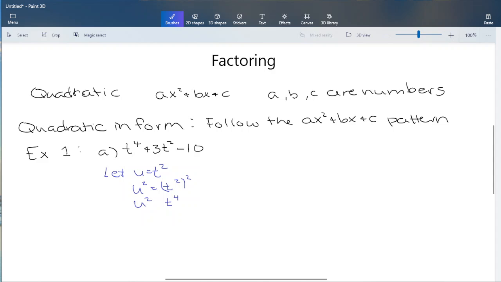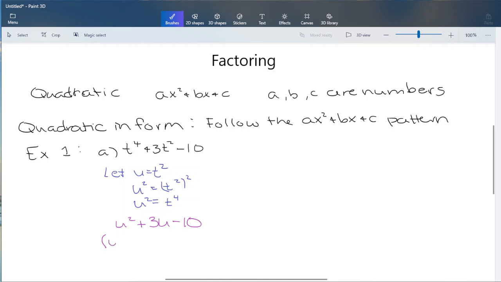Okay, so t to the fourth, oops, I forgot my equal sign here, right? t to the fourth is u squared. Okay, so I'm going to have u squared plus 3, and then my t squared is u, okay, minus 10. So now you can really see that u squared, u, number, that quadratic form, okay?